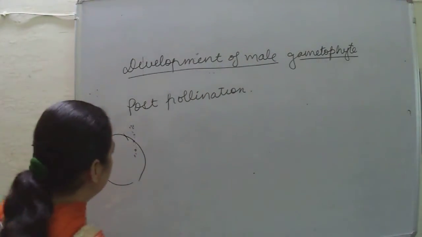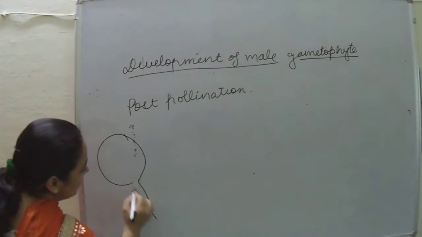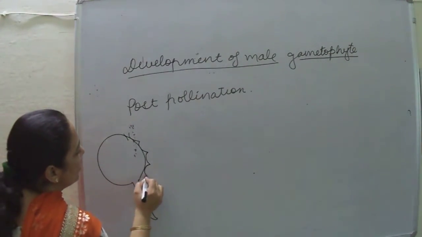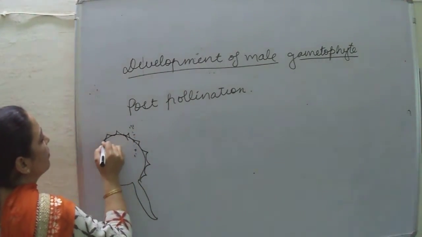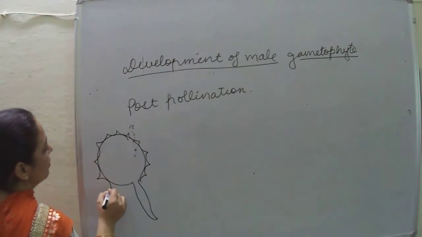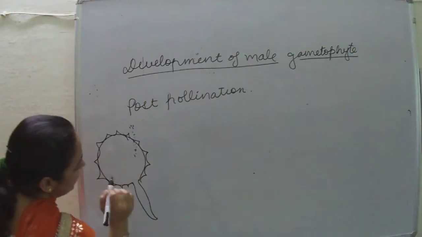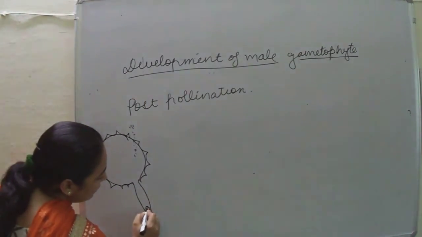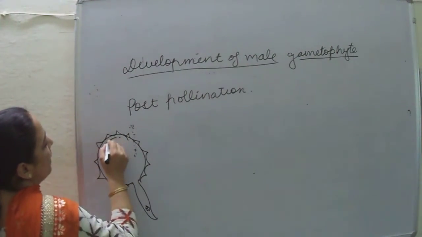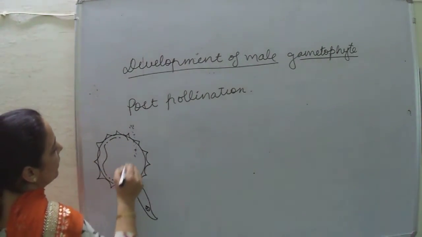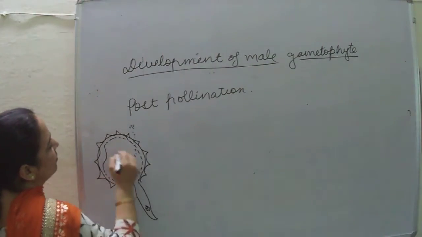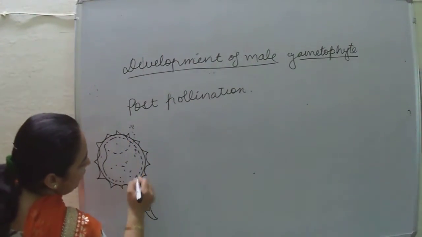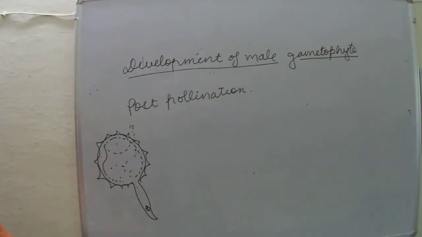After pollination, the intine of the pollen grain starts forming the pollen tube, and the nucleus moves up into this pollen tube. Same structure, vacuole, germ pore, but the nucleus moves into this pollen tube.